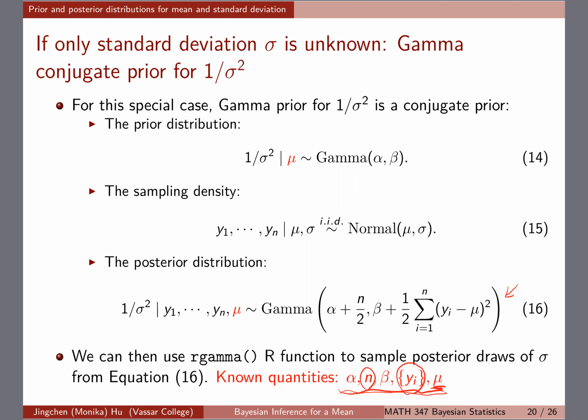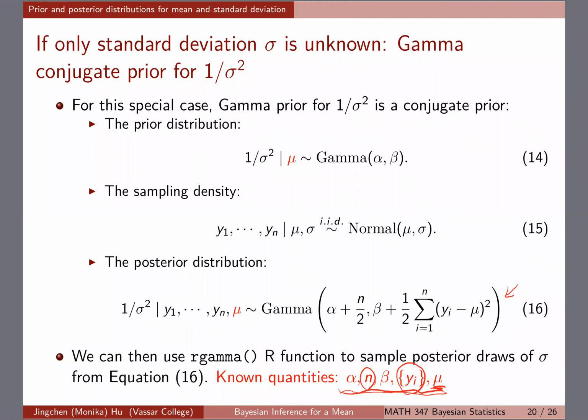Right, so you can then generate posterior draws of this gamma distribution, and then you can summarize it based on the draws that you have. But remember, in addition to generating draws from this rgamma distribution, you can also use pgamma, qgamma, and dgamma, those kinds of functions to return certain summaries of this known posterior distribution.